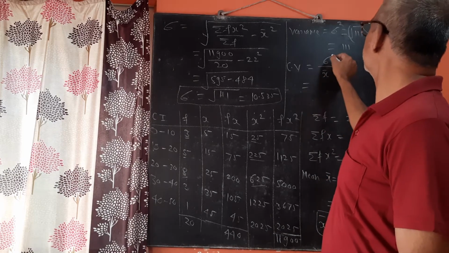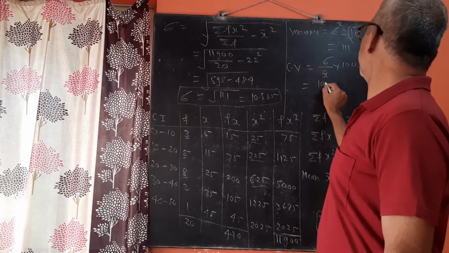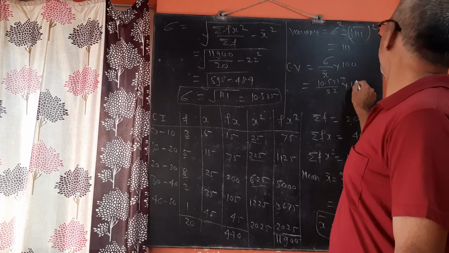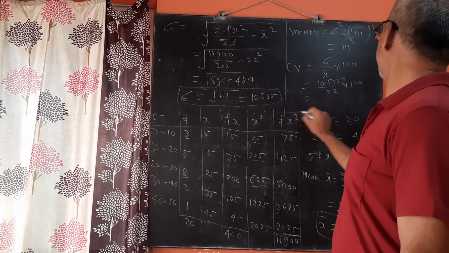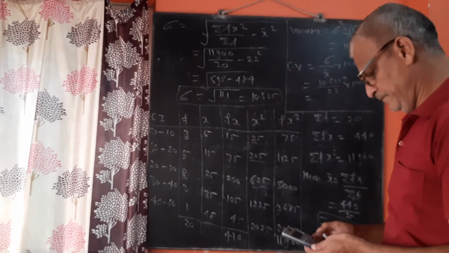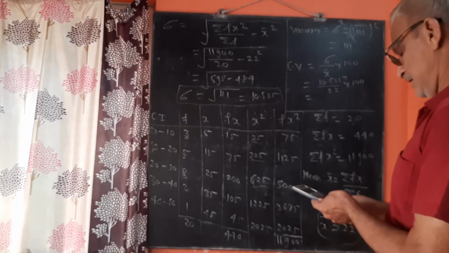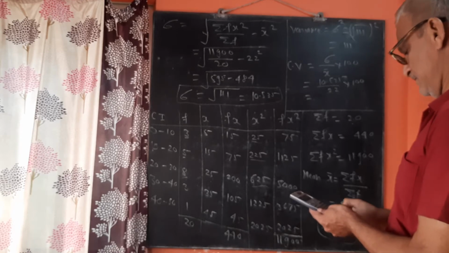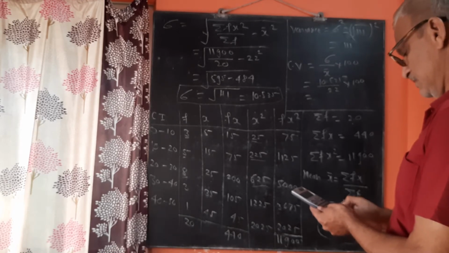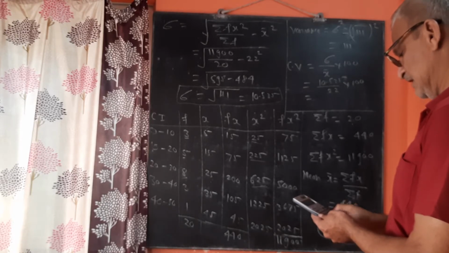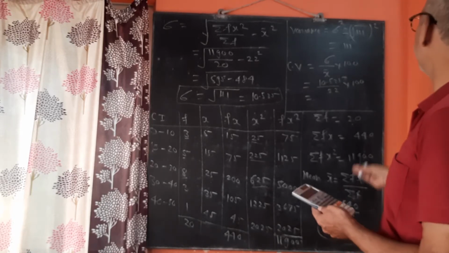Substituting values, sigma is 10.535 upon 22 into 100. Let us calculate it. 10.535 divided by 22 into 100 comes 47.88.